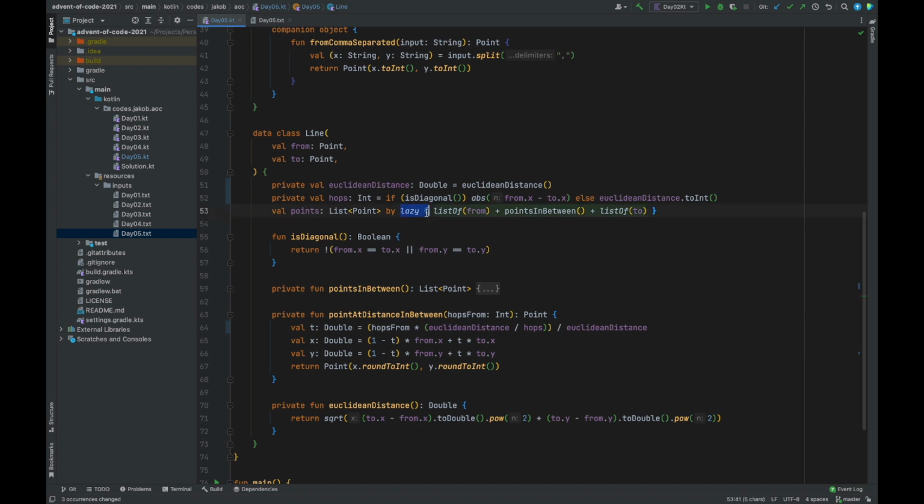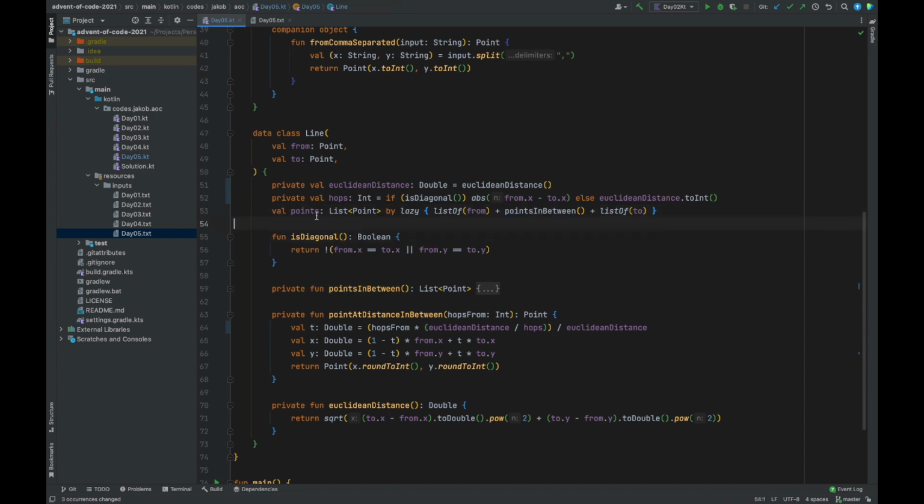So what this lazy delegate is simply doing, you say by lazy, and then you wrap it in a lambda expression. This simply means that by default this is not evaluated, right? That's why you wrap it in a lambda. So by default, this variable is essentially empty. And then the first time you do access it, it actually runs the lambda, and only then calculates all this stuff here.